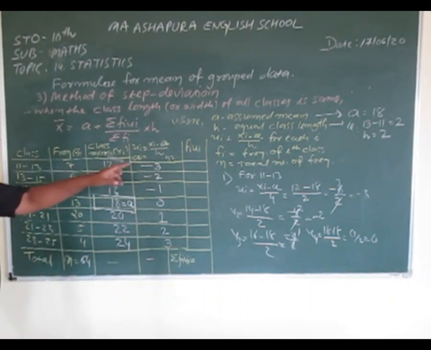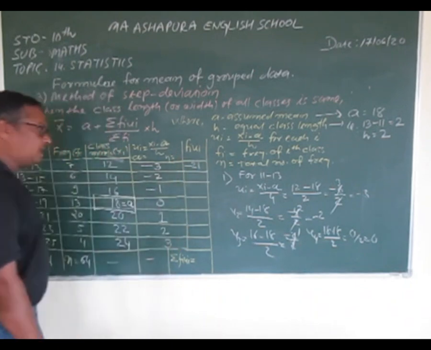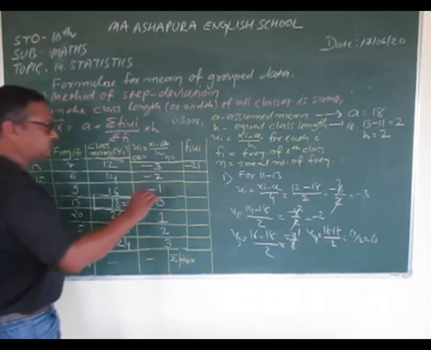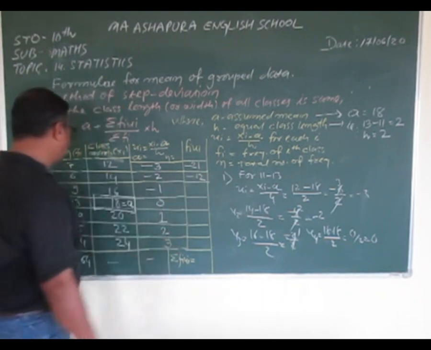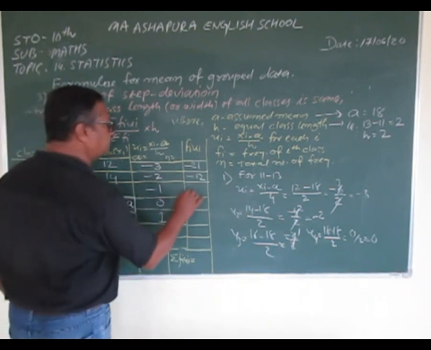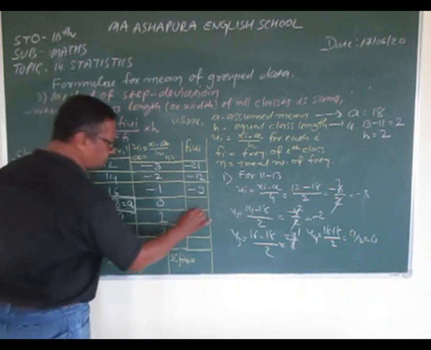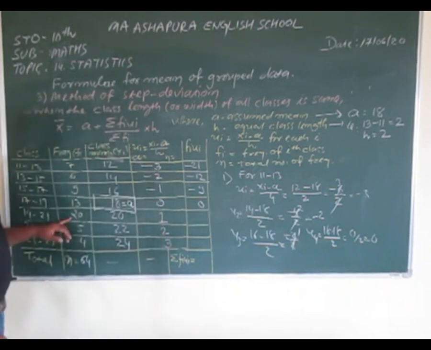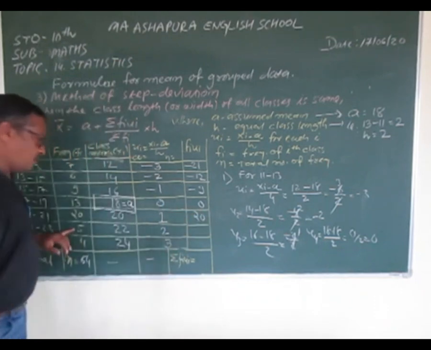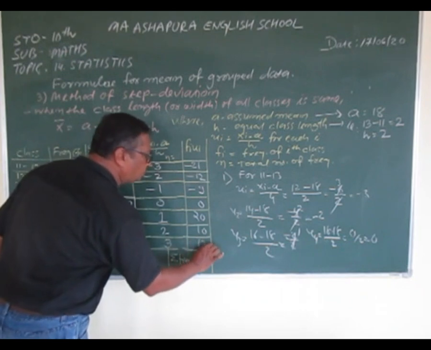So 7 multiplied by -3 we get -21. 7 3s are 21. 6 multiplied by -2 and we get -12. 9 1s are 9 with a minus sign, so minus 9. 0 multiplied by 13 is equal to 0. 2 1s are 2, so 20. 5 2s are 10 and 4 3s are 12.